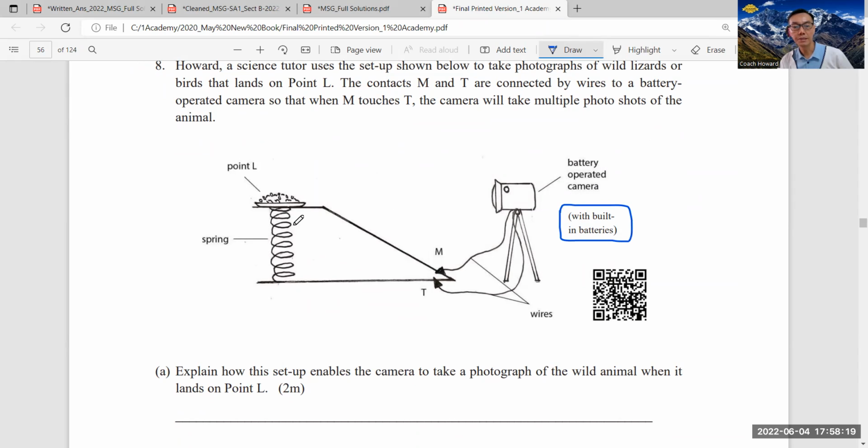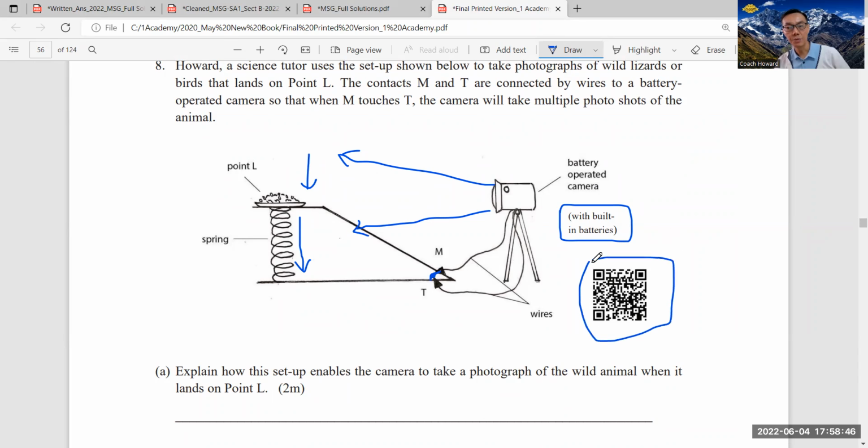So when the animal lands here, the spring will compress and these will move nearer to each other, forming a closed circuit. So this will fire the shot to take multiple shots of the animal. So again, explain how this setup enables the camera to take a photograph of a wild animal when it lands on point L. Those of you who have my book, if you scan the QR code, you'll be able to see me explaining this question.